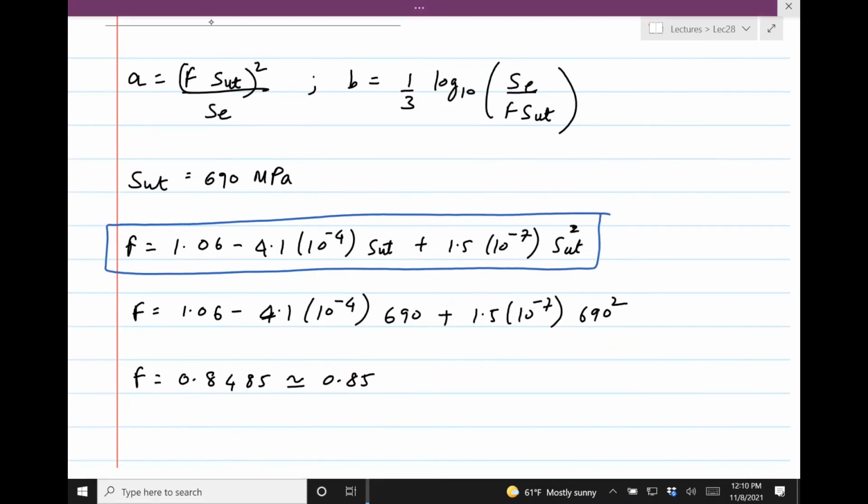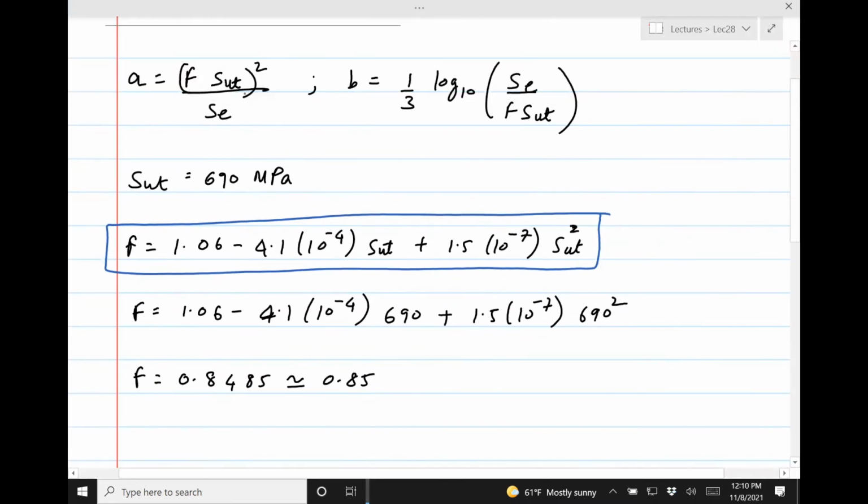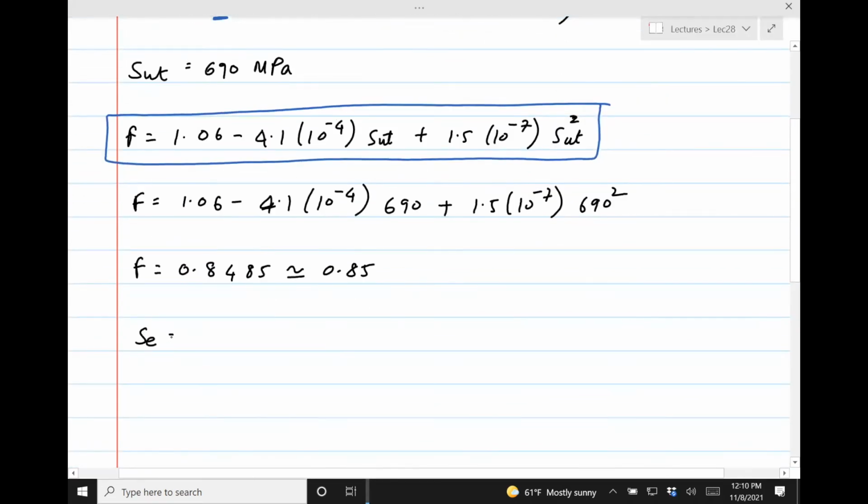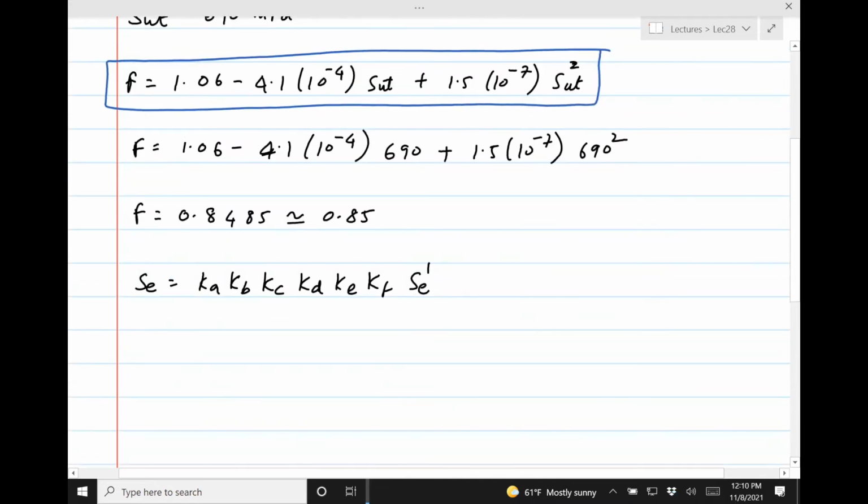We still need to find SE. Right? We need to find SE. For SE, there's a little bit more elaborate work to be done. SE is Ka, Kb, Kc, Kd, Ke, Kf, SE prime. And those factors are something which we pull out from the tables, right? So what is SE prime?